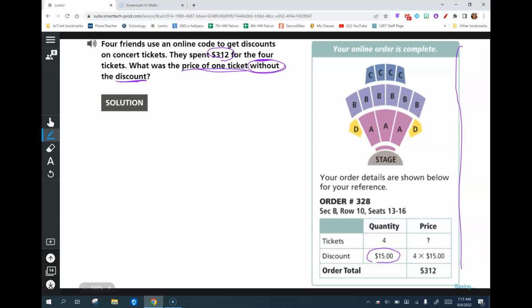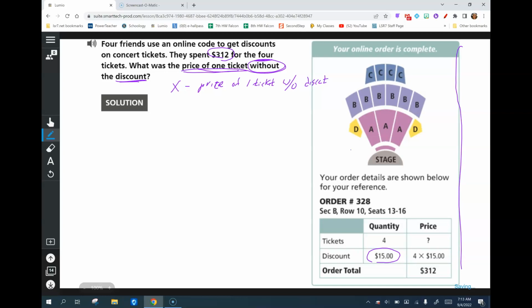So we want to find out the x is going to be the price. Now look what I'm doing. Price of one ticket. I'm just taking what they're asking for. Price of one ticket w/o, that is short for without, without discount. Okay, so that's the price of the one ticket without the discount.